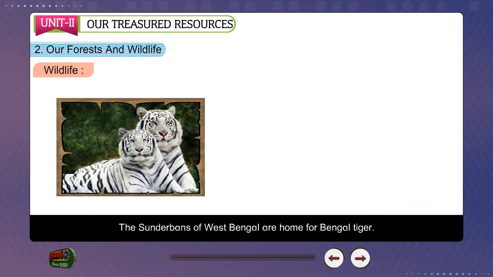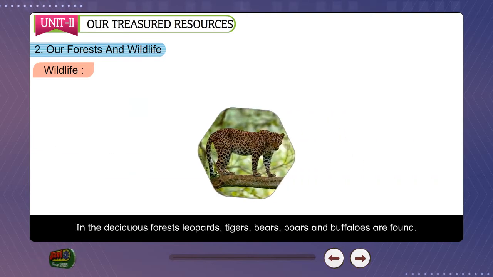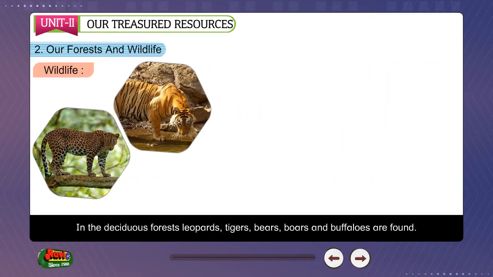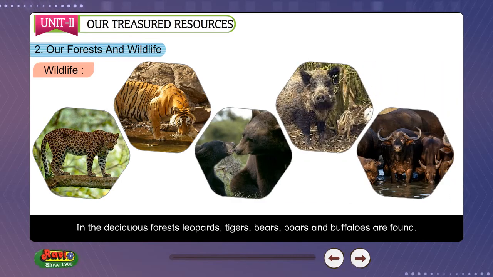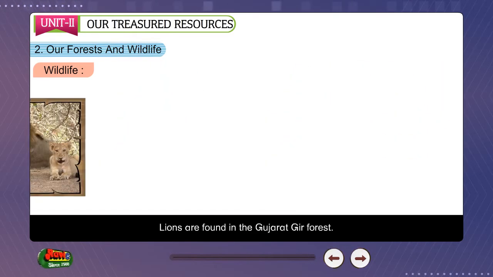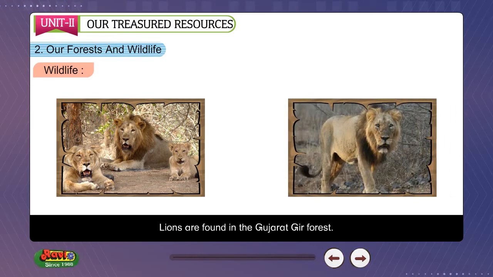The Sundarbans of West Bengal are home to the Bengal tiger. In the deciduous forest, leopards, tigers, bears, boars, and buffaloes are found. Lions are found in the Gujarat Gir forest.